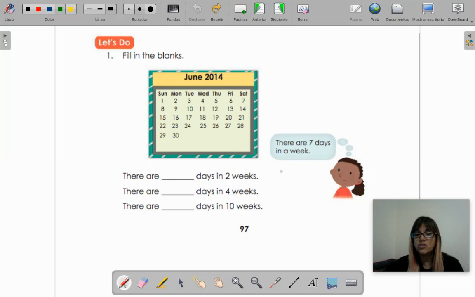If you know that each week is 7 and they are asking you for 2 weeks, so this is 7 and 7. That's 7 times 2. So to answer this first one is 7 times 2, because each week has 7 days. Okay? So they are asking you how many days are in 2 weeks. 1 week, 2 weeks. So it's 7 days, 7 days.